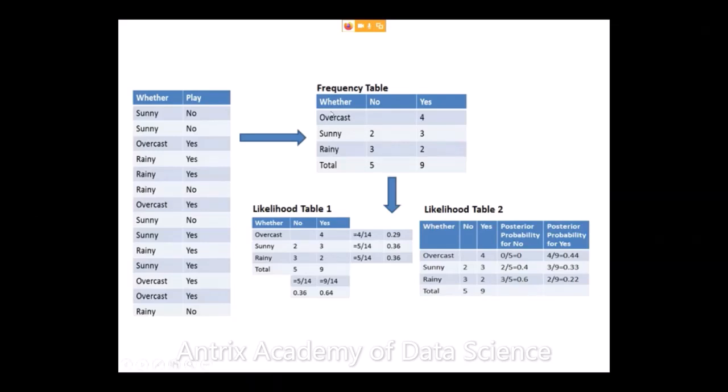Vice versa, let's go for the yes case, where the total yes is 9. Out of 9 cases, 4 is the more prominent number, for overcast, which is 44%. 4 divided by 9, 3 divided by 9, 2 divided by 9 gives 44, 33 and 22 respectively. So we are getting the probability of this event happening in totality.